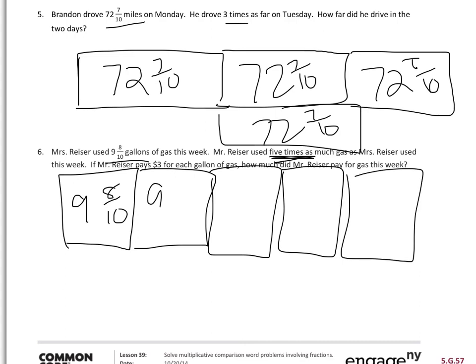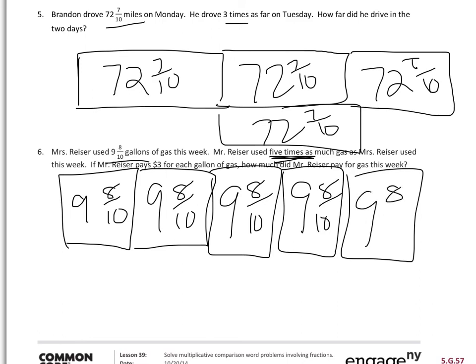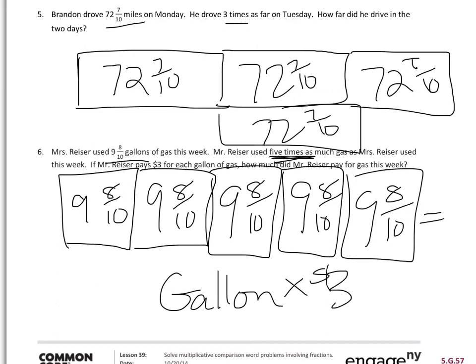We have to figure out how much total gasoline he uses. Once we figure out how much gas he's used, 5 times as much, we want to find that total and say for every gallon of gas, he has to pay $3. So first figuring out the gallons used and then the gallons times 3.